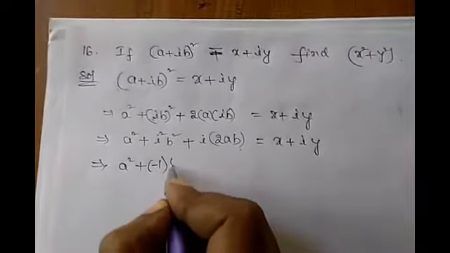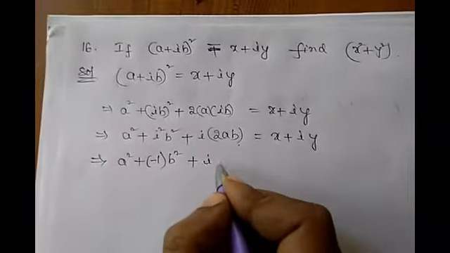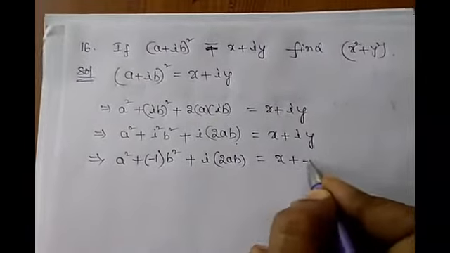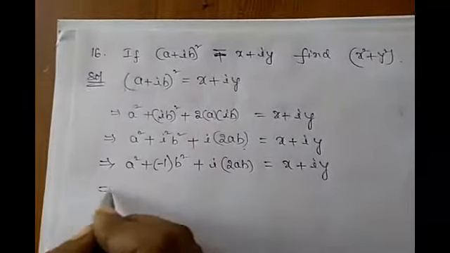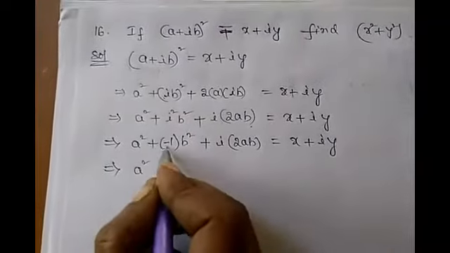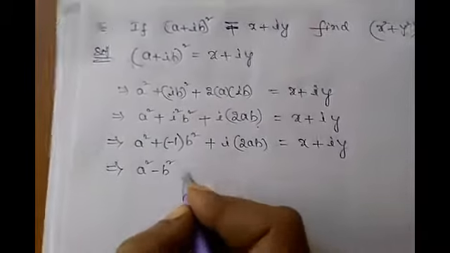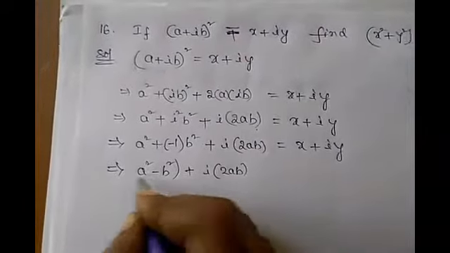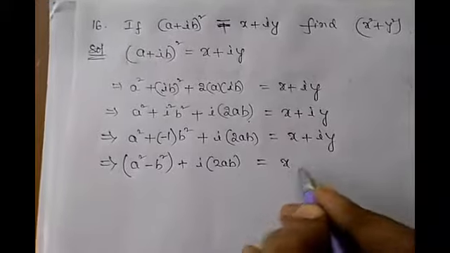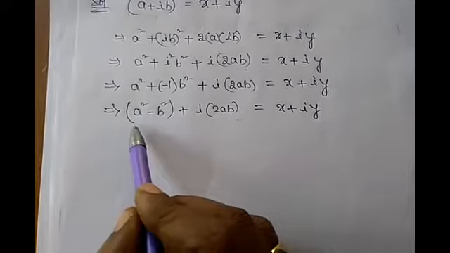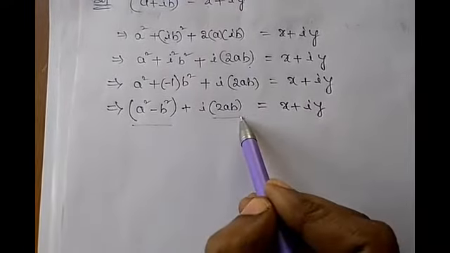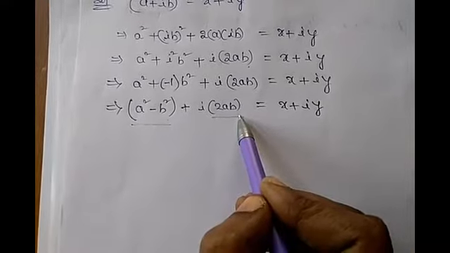Minus 1. So a square minus b square plus i into 2ab is equal to x plus iy. Understand carefully, a square minus b square makes the real part and 2ab makes the imaginary part.